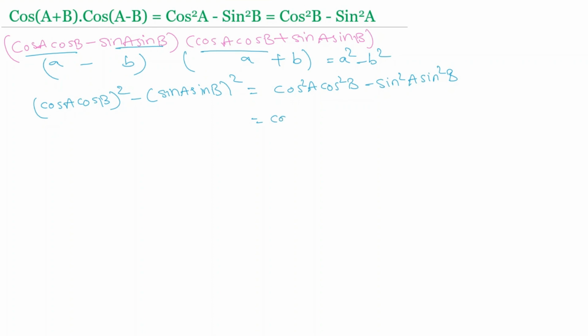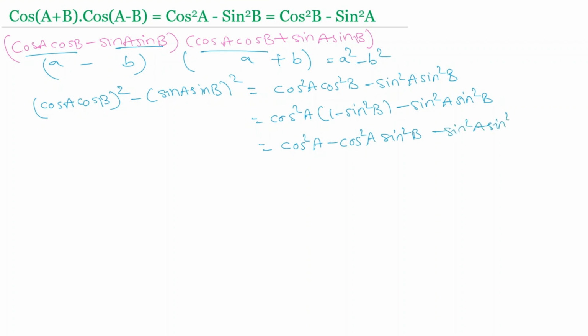In place of cos square B, we can write 1 minus sin square B, and the second term as it is, that is minus sin square A sin square B. Multiply this. Cos square A into 1 is cos square A, and then we have minus cos square A sin square B. And this term as it is, that is sin square A sin square B. Now from these two terms, we'll take minus sin square B out.